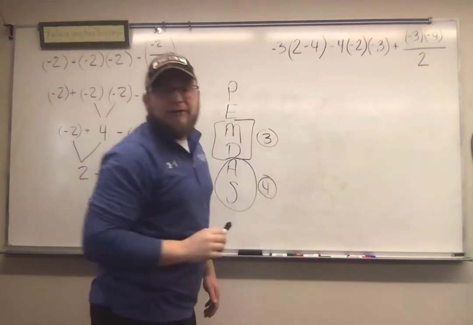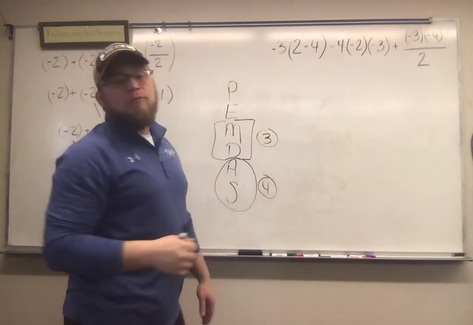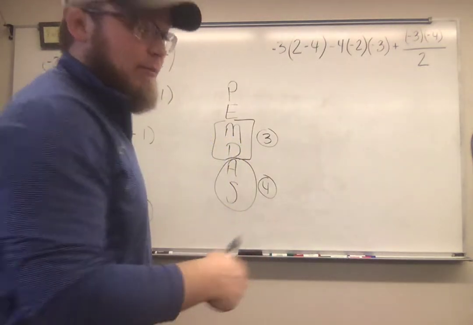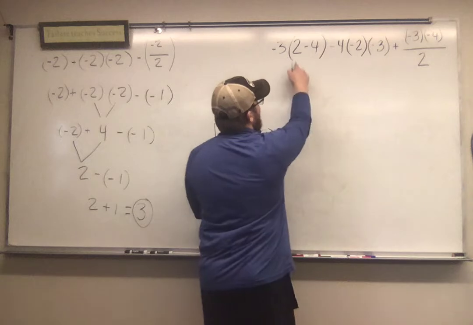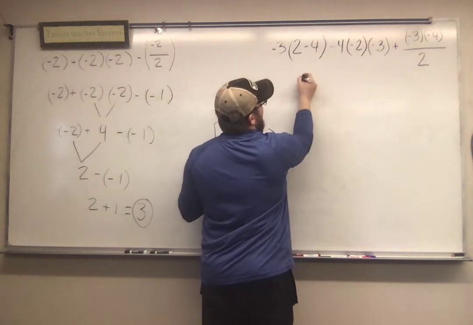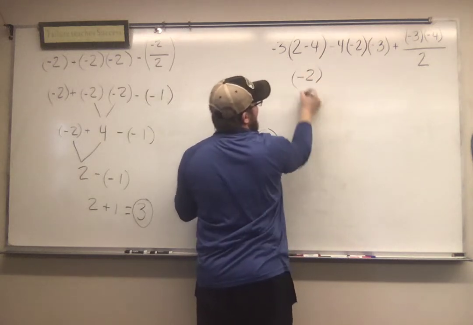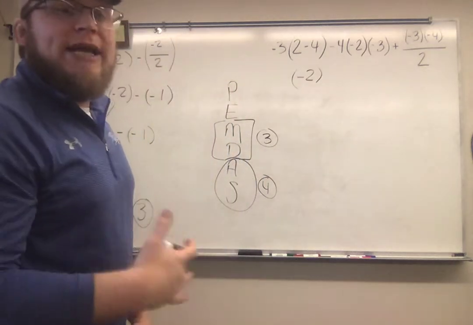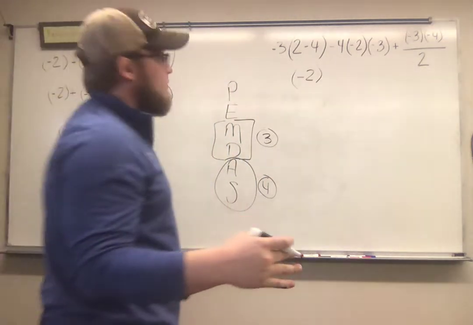Okay, the parentheses. So 2 minus 4. That's going to go into the negative numbers, and that's going to be -2. I'm going to keep that in parentheses. Again, rewrite your entire equation.